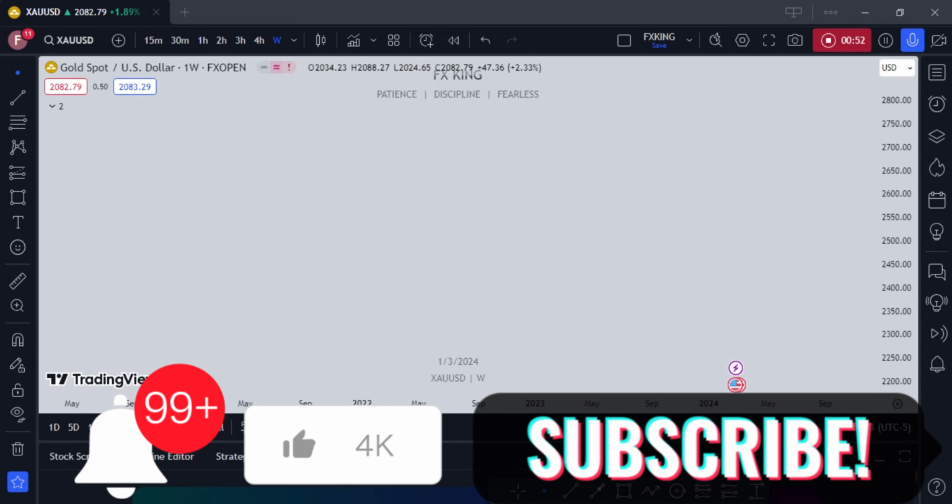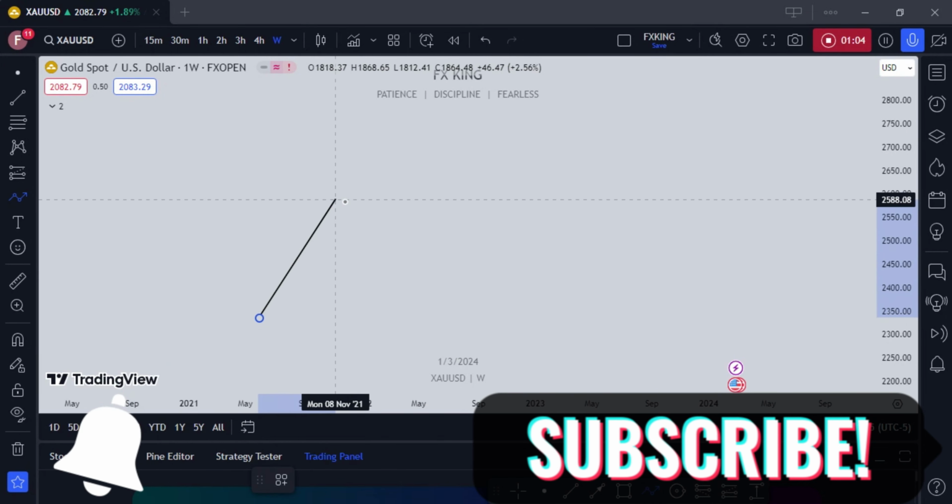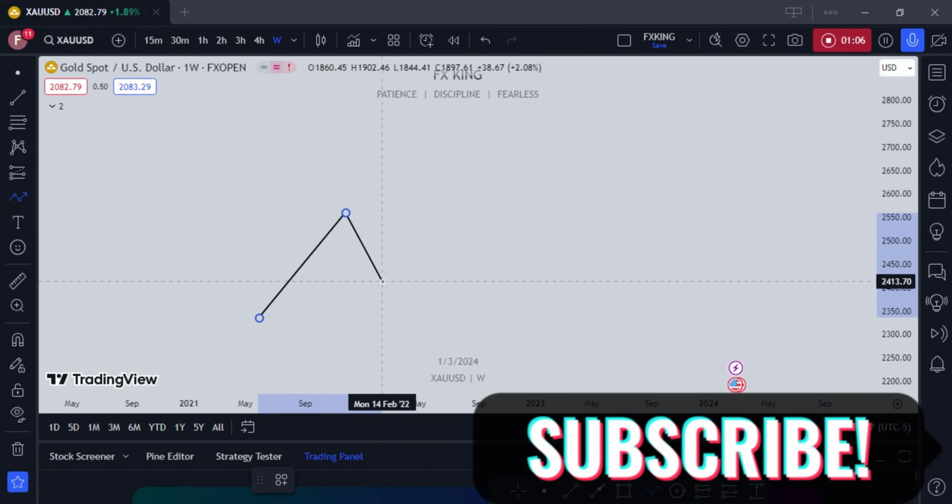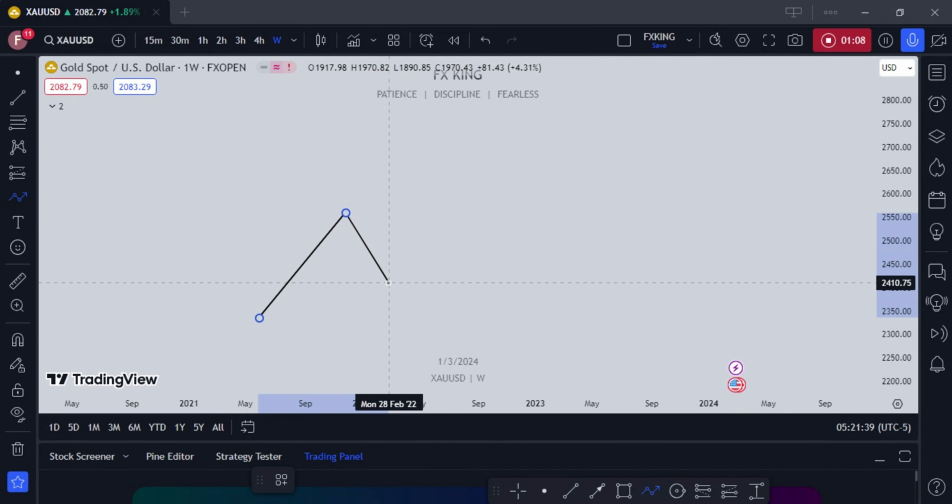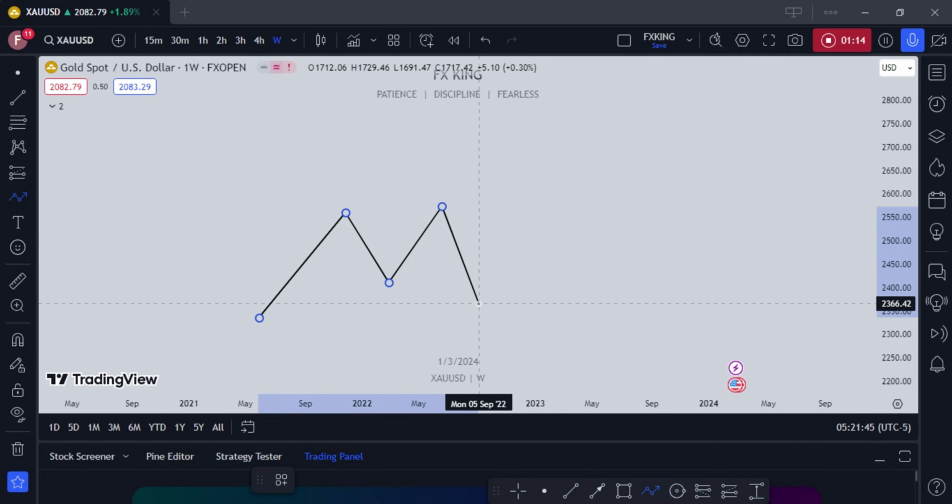So we'll start with how to trade consolidations as a smart money trader. We'll start with this illustration here. Now let's say we have an uptrend, the market is moving up, and all of a sudden the market enters into a consolidation phase, something like this.